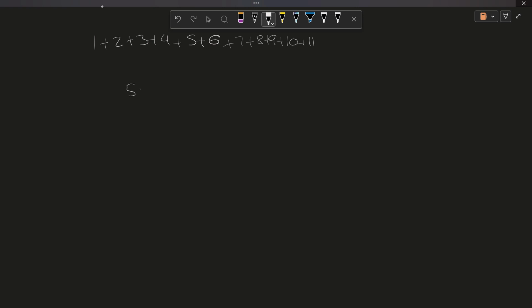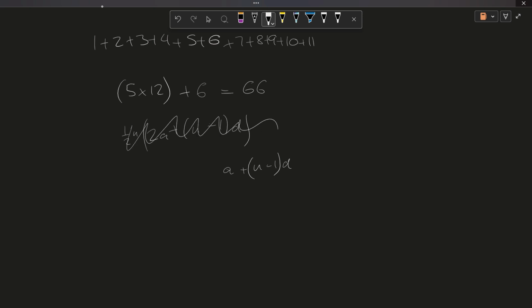So 5 times 12 plus 6, which is 66. I already know it's correct because if you do 2a, wasn't it 1 over 2 times 2a plus n minus 1 d? You'll recognize this formula from a plus n minus 1 d, which you possibly used in GCSE somewhere. Anyways, those don't matter anymore. You still use them.